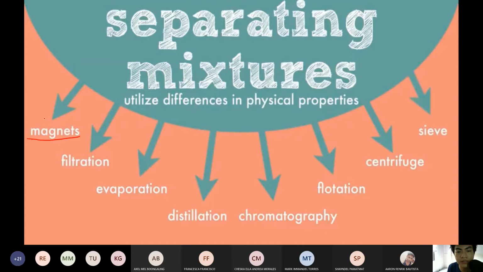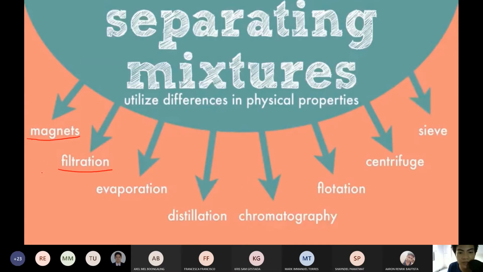If your substance is magnetic and the others are not, you can use its magnetic property, so a magnet can be used to separate it. Next, filtration is very advisable when you have two distinct phases, for example, one is solid and one is in liquid form.